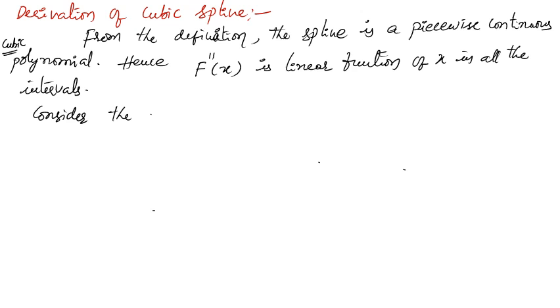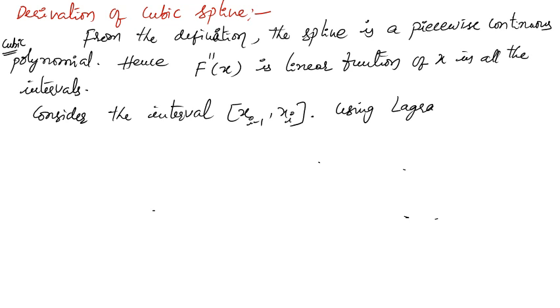Okay, so consider the interval xi minus 1 comma xi, using Lagrange's interpolation, linear. Okay, only 2 points are here.